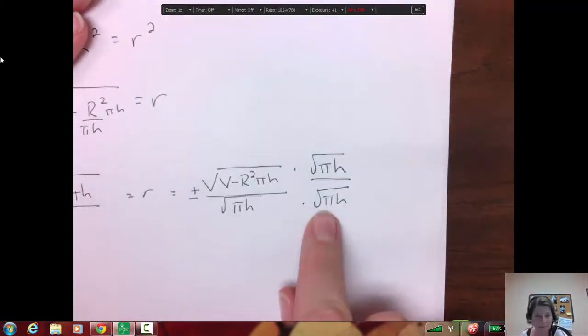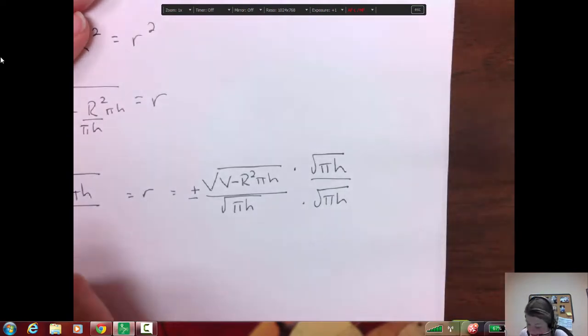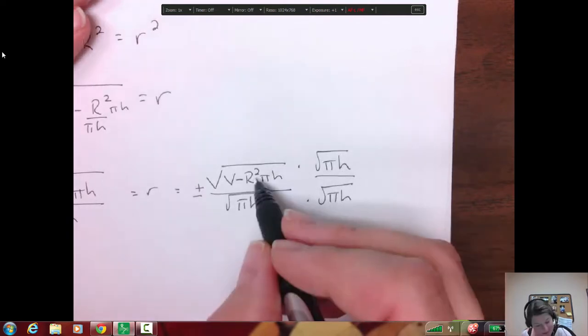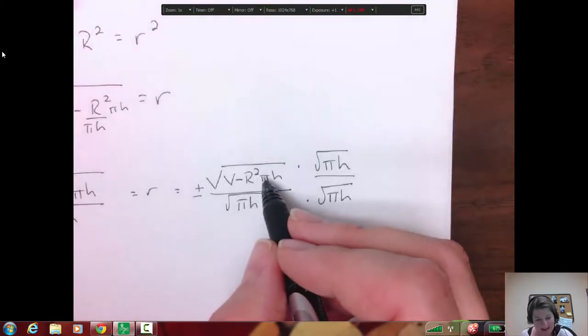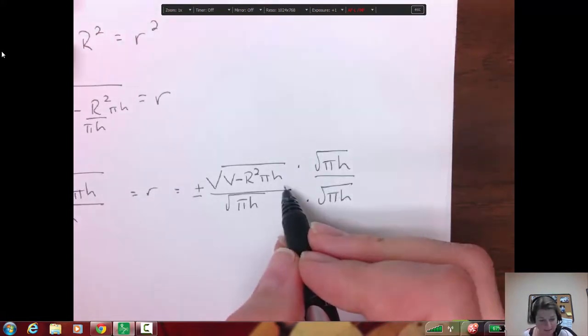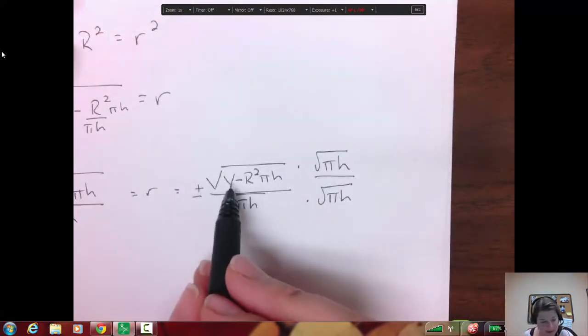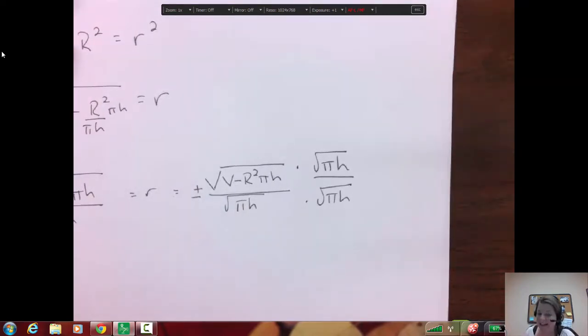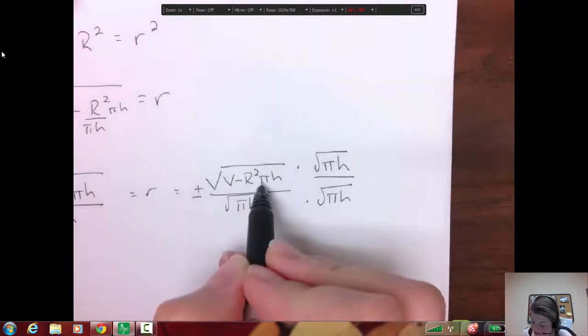That way you get pi squared h squared, which reduces right to just pi h as our denominator. And when we times up here, that is going to make our pi squared and our h squared, and you have to multiply the v also by pi h. Kind of like distributing that by this one and this one.